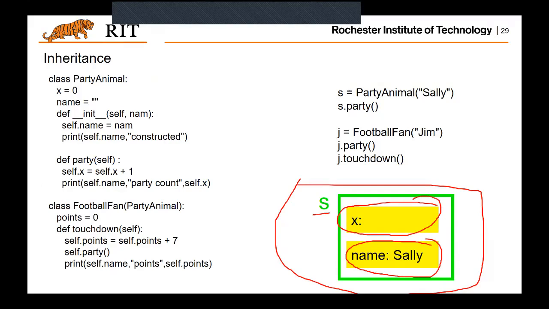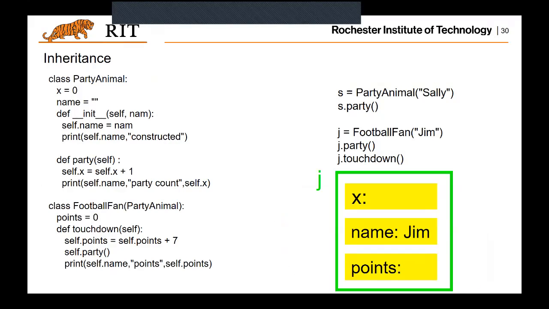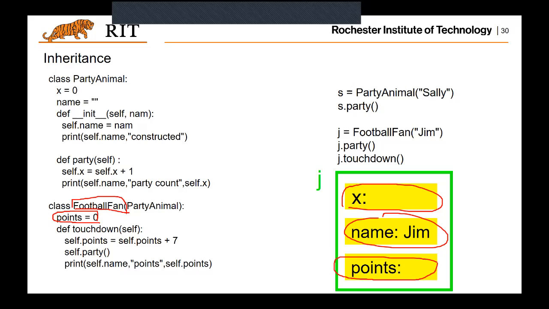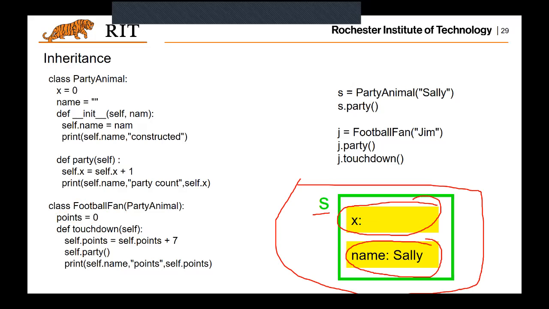But if you look at J, besides this X and the name, there is another attribute which is called points. So that is the new attribute which is not inherited from party animal, and it's only defined in the football fan. And if you compare S and J, you can tell the difference, right?